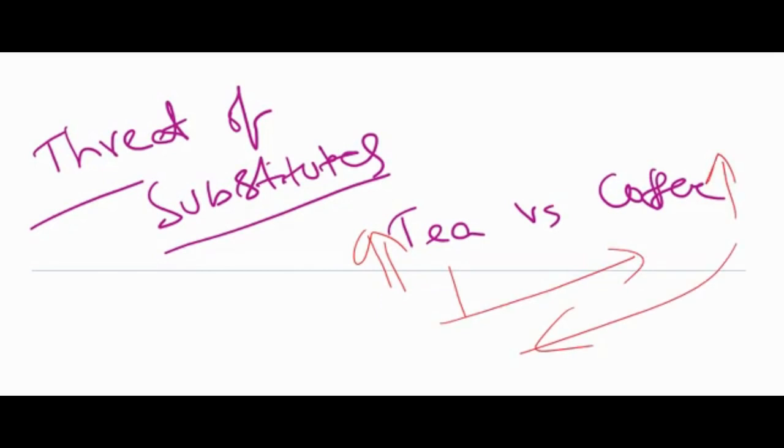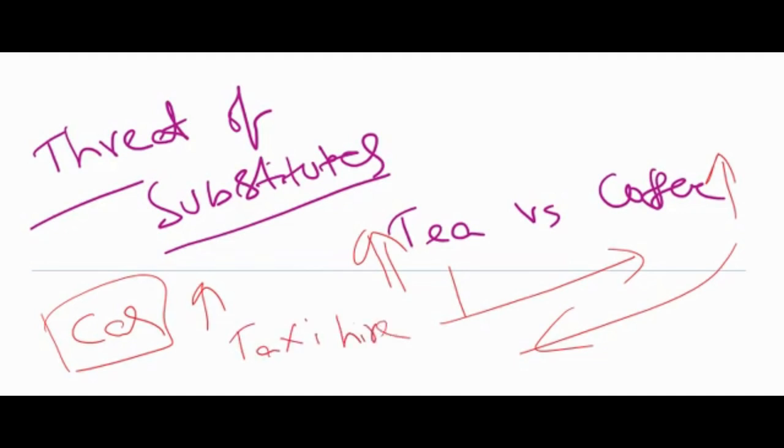Let's say car companies are increasing the rate. Then what will you do? You will go for hiring a taxi. So when you have these kinds of substitutes, you will have a hit in your business.